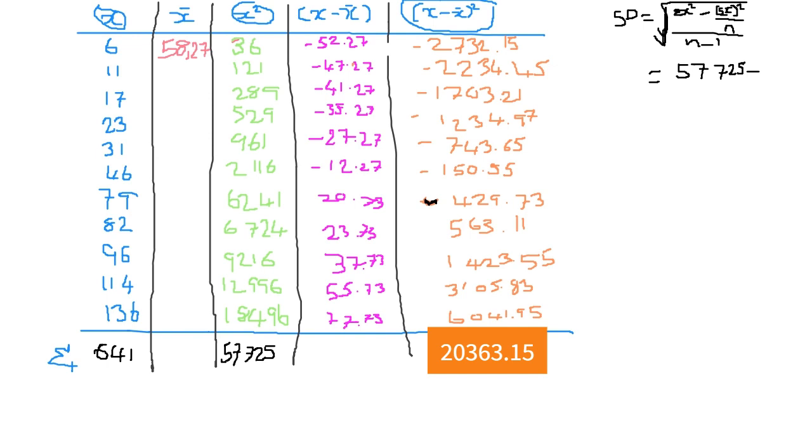I don't have space. It's so frustrating. 1 over 11, all over n minus 1, which is 10. Let's just do one more step.